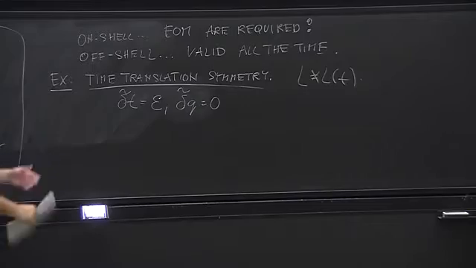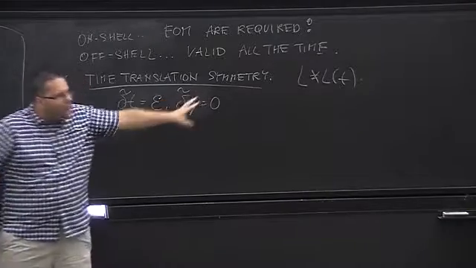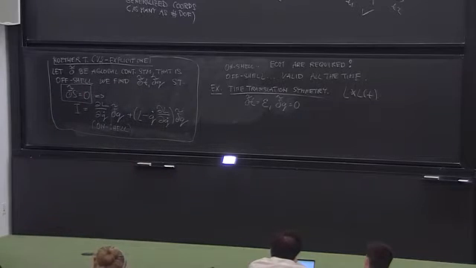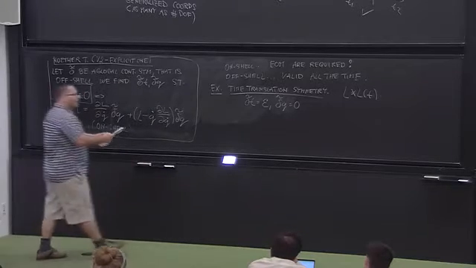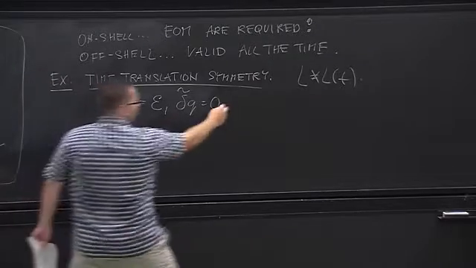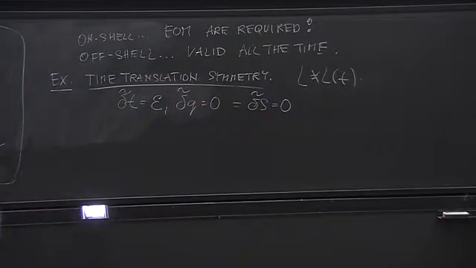You can check that if you vary your action and you use these variations and L does not depend on time, you will do it in today's tutorial. So don't worry, you will not miss the calculation. Then if you do this transformation, you find a symmetry. You find delta tilde S equals 0.